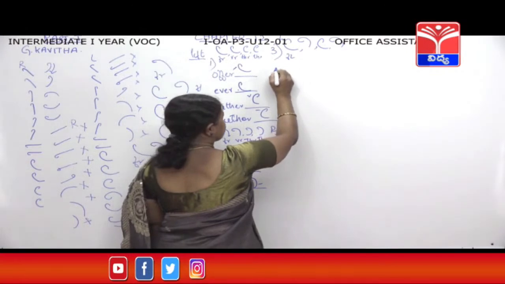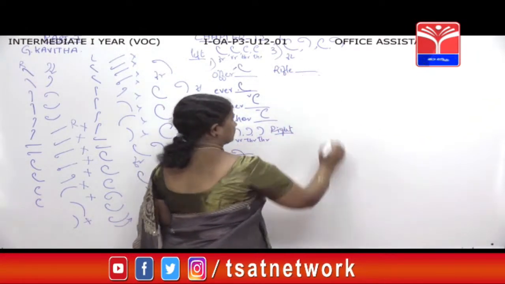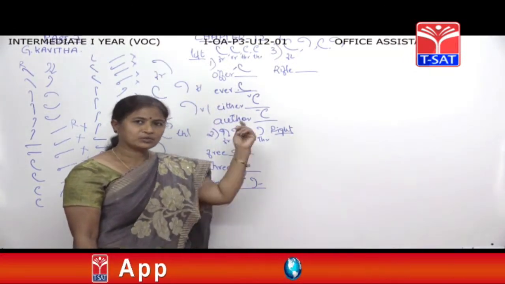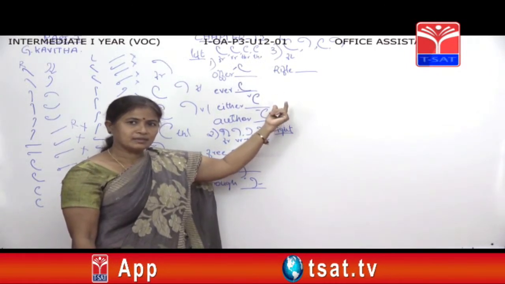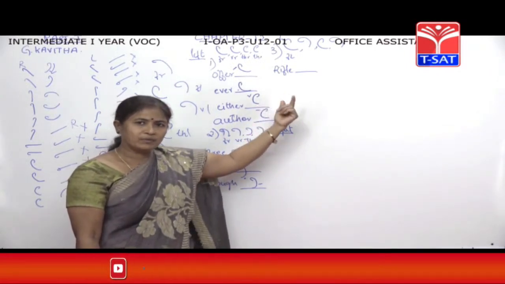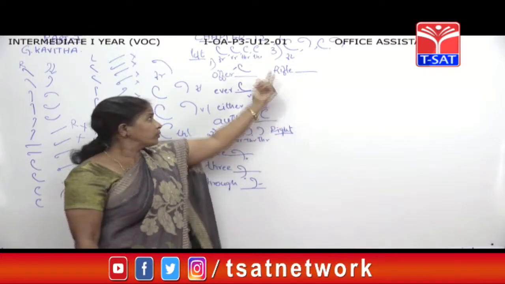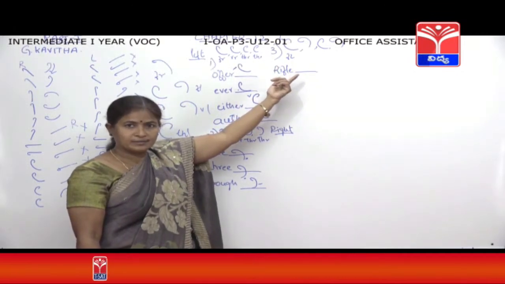Example: rifle. How many strokes do we hear? R and full. Now, which R do we write? Initial R followed by a vowel, we use upward R, isn't it? So, ray and full. Now, which form do we use, the left form of full or the right form of full?